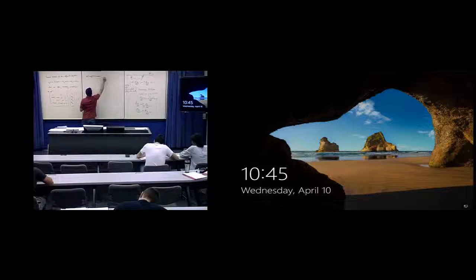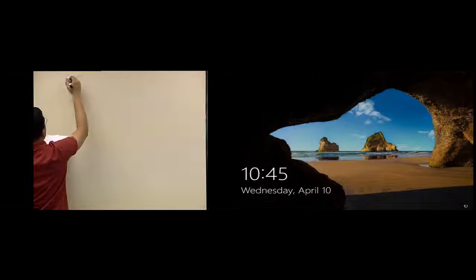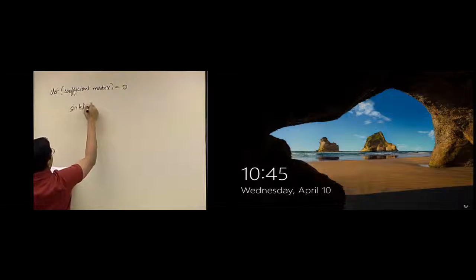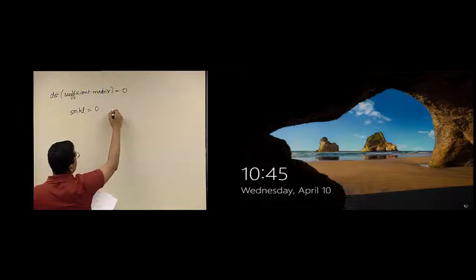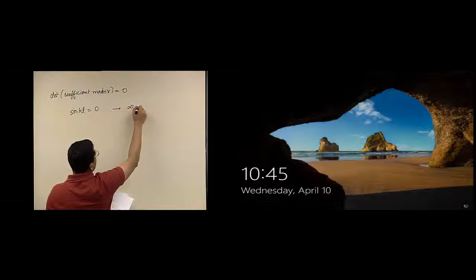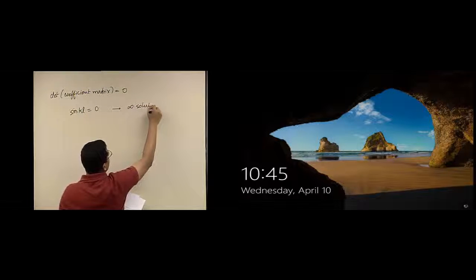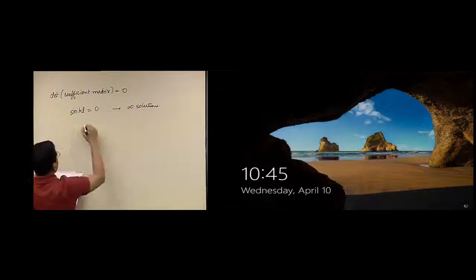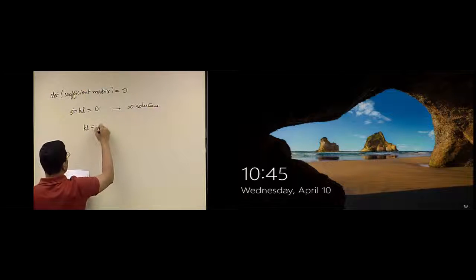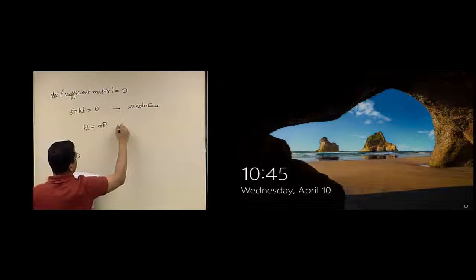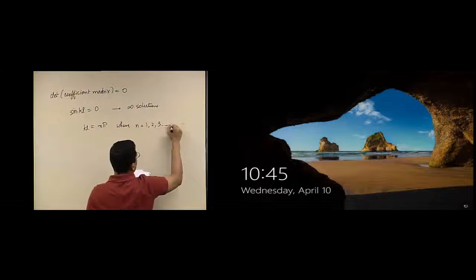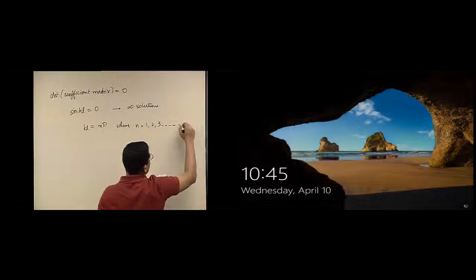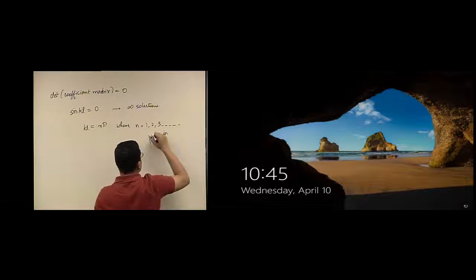is equated to 0. So we get sine KL equals 0. And this equation has infinite solutions such that KL is equal to n pi, where n takes values 1, 2, 3, and so on, all positive integers.